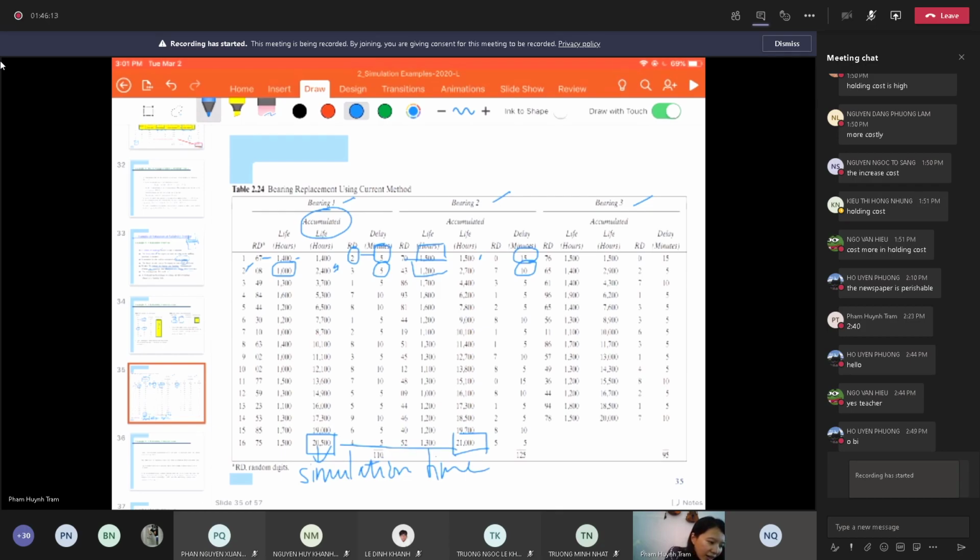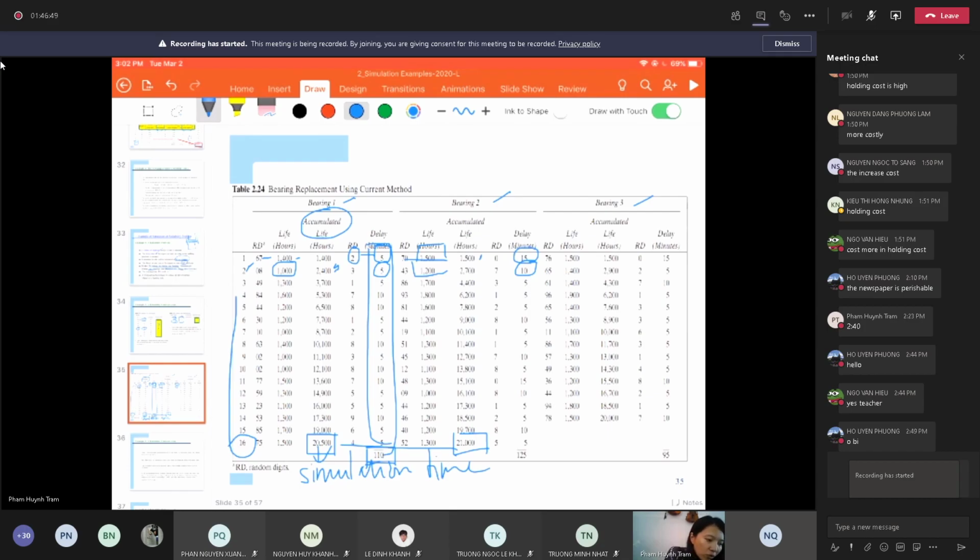For both cases, we will have the delay time. For bearing number one, during the 21,000 hours, we will have in total 16 bearings. The total delay time, the sum of the delay times to replace bearing one, is 110 minutes for replacing 16 bearings in about 21,000 hours.